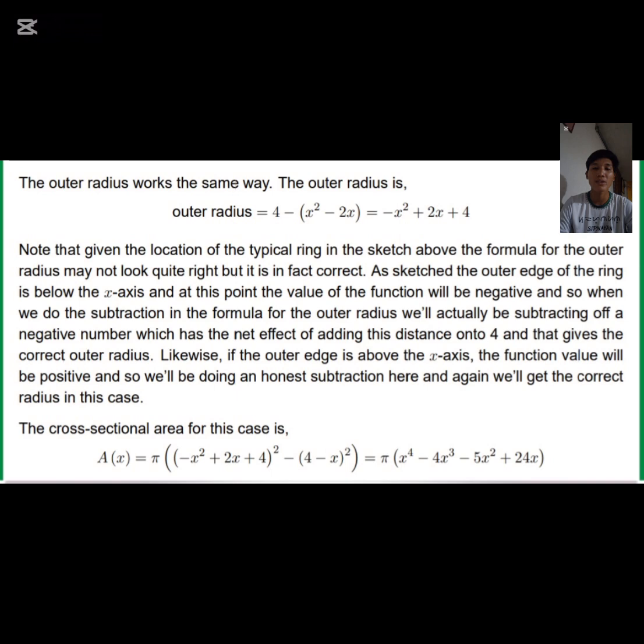Note that given the location of the typical ring in the sketch above, the formula for the outer radius may not look quite right, but it is in fact correct.